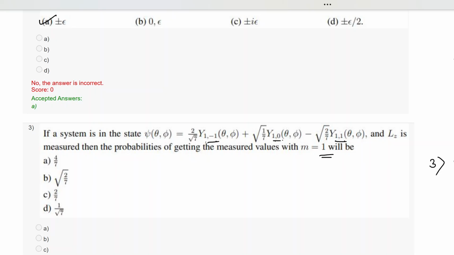Out of these three terms, m equal to 1 is only possible for the term Y1,1. For the rest of the terms, m is 0 or minus 1. For all three terms l is fixed at 1, so m can be from minus l to plus l in steps of 1, so minus 1, 0, plus 1. Out of these three, Y1,1 has m equal to 1, and the coefficient for this term is minus root 2 by root 7.